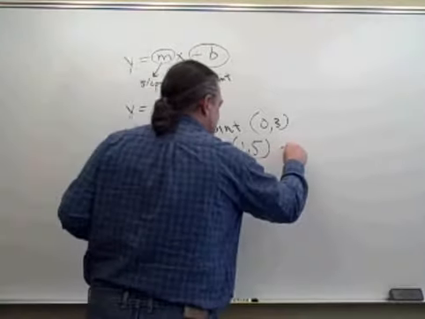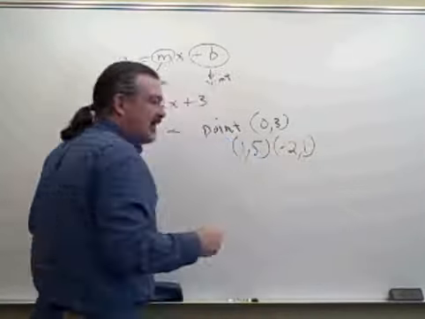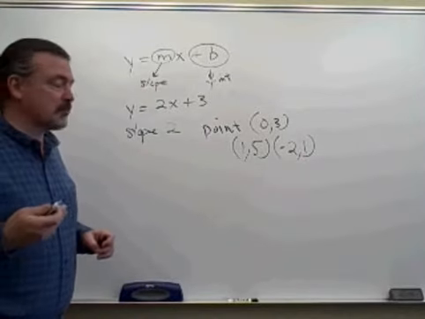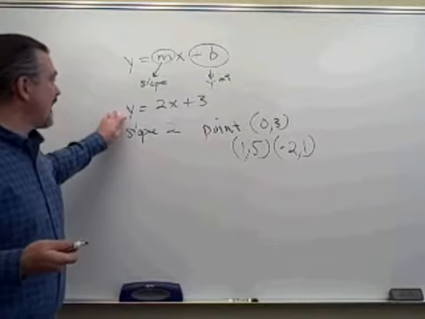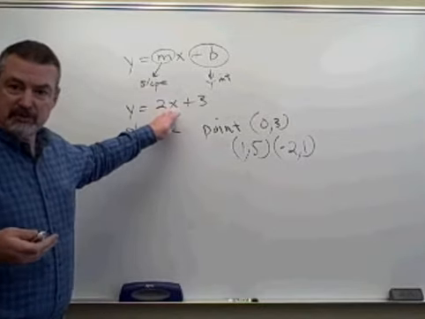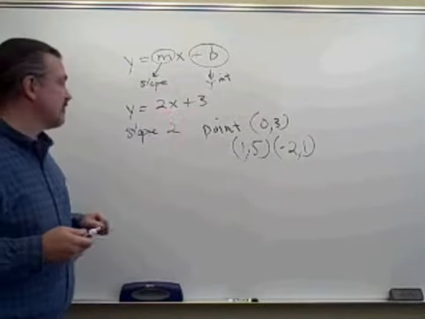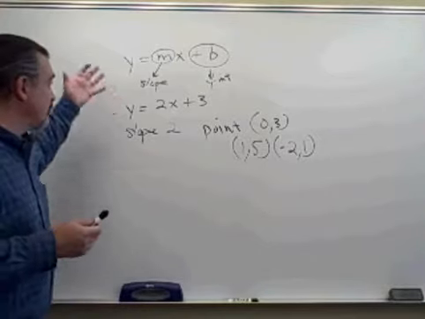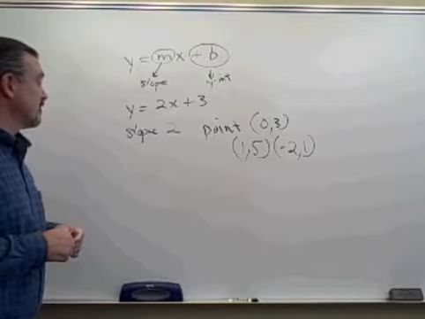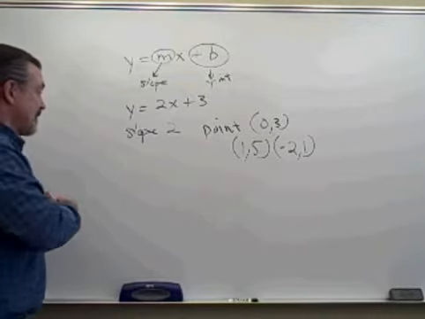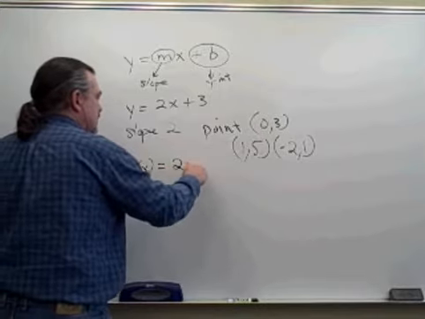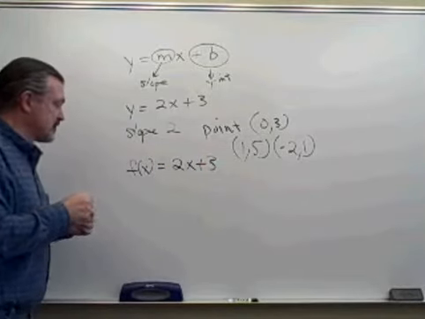So if x is negative 2, the related y value is 1. So the y value is produced by picking some value to put in for x. And these are things that you've worked with. You've worked with linear equations in two variables, and perhaps you've even talked about them as being linear functions.